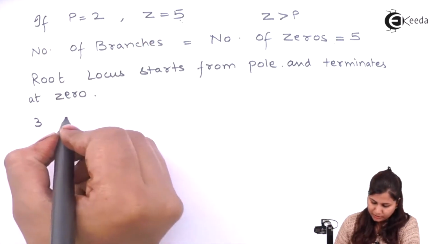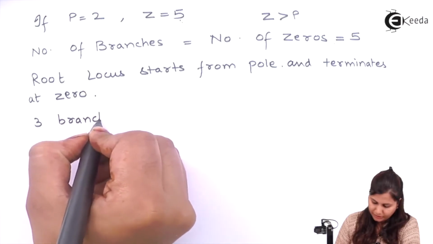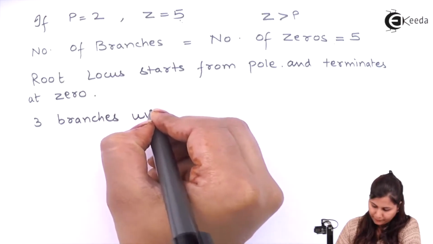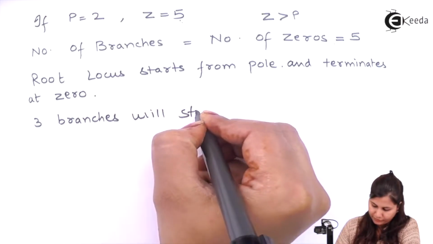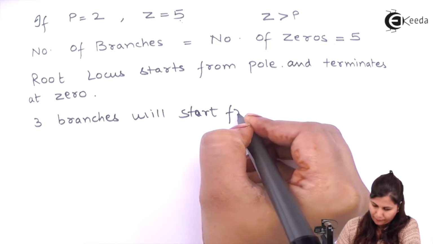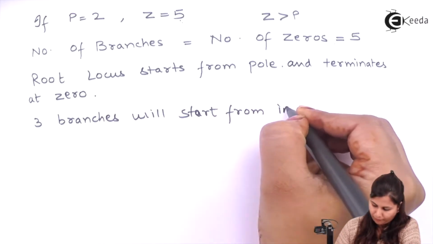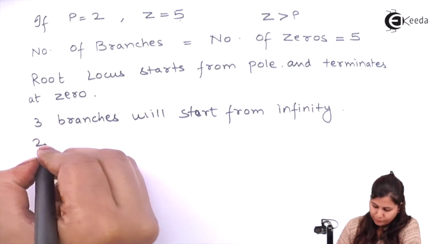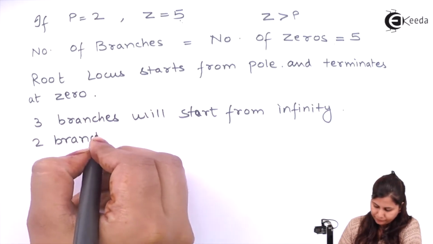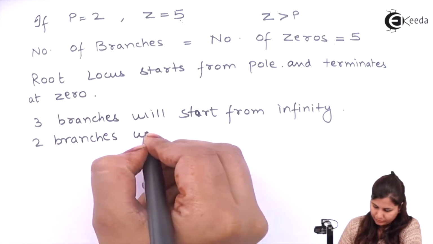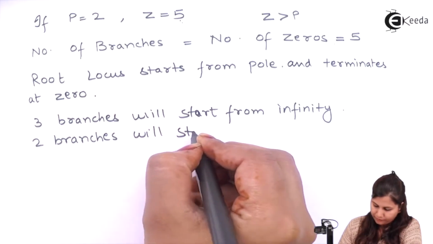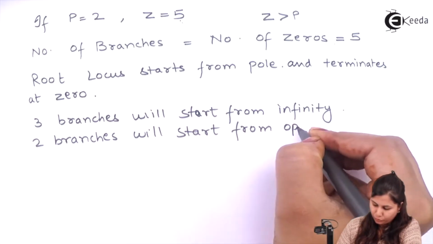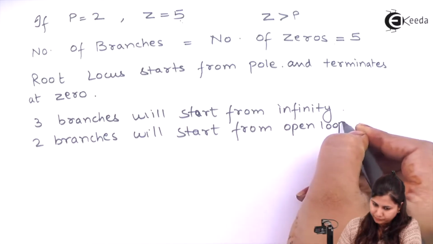So the remaining branches will be 3 branches. They will start from infinity, while 2 branches will start from the open loop poles.